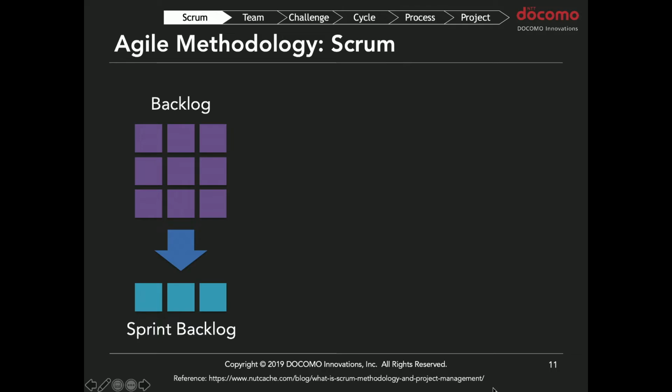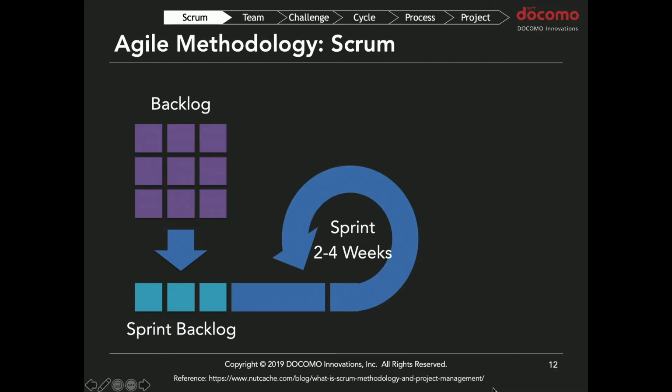The sprint is a short period from the beginning to the end. Basically, we have a cycle of 2 or 4 weeks, but in our project, the sprint is 2 weeks.